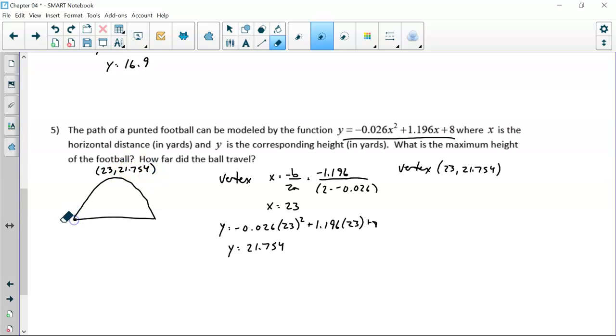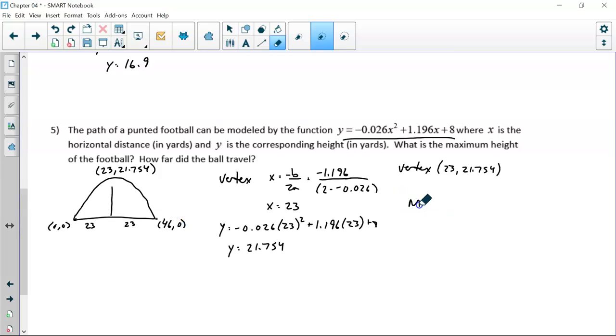Now, remember, the vertex is in the middle. So it took us 23 yards to get to the middle, and we have to go another 23 yards to get back to the ground. So think about us starting at 0, 0, and we're ending at a total distance, not of 23, but 46 yards. And then back to 0.